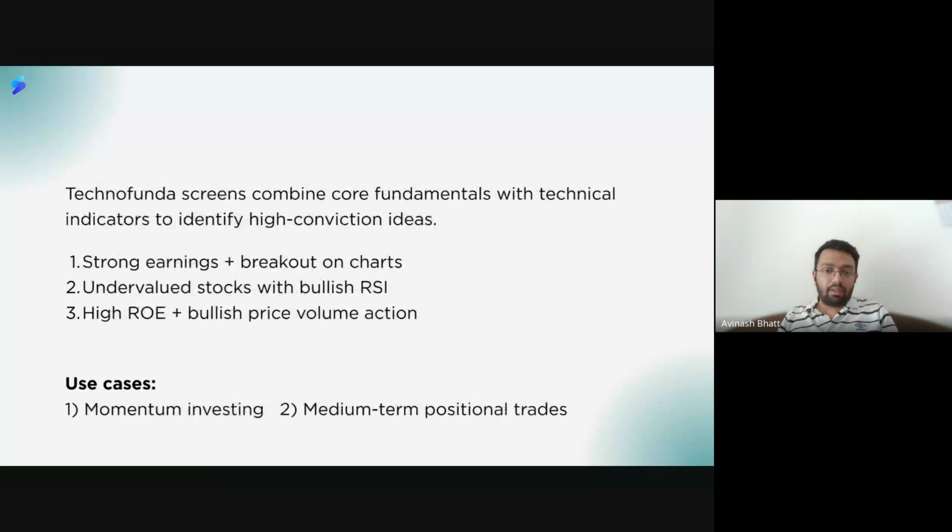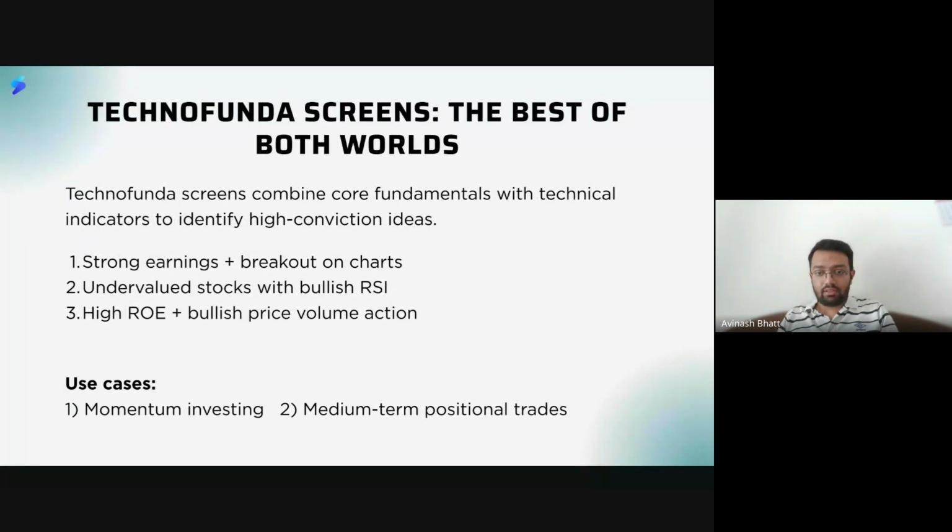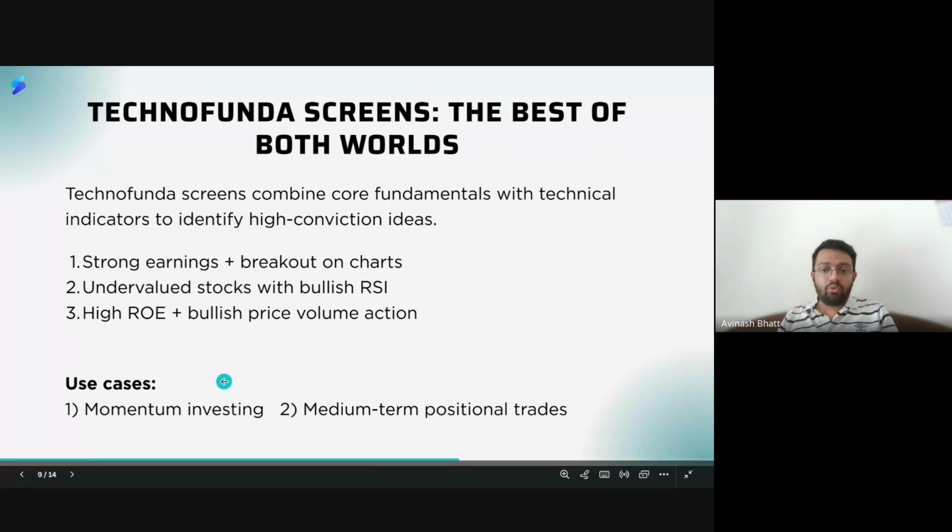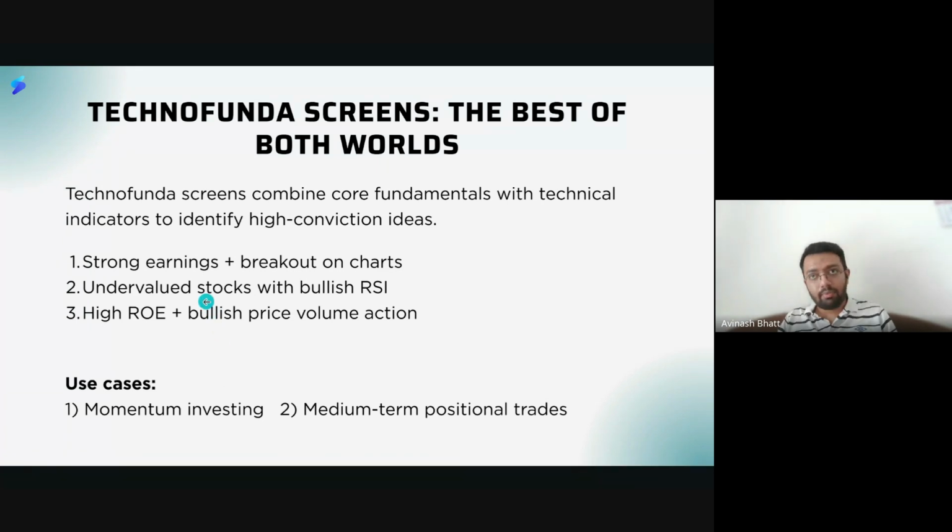And the third part is Technofunda screens. So best of both worlds. Here, what you will be doing is combining both. So strong earnings plus breakout on charts. Or another example can be, you look at valuation with bullish RSI. So if RSI started increasing, the slope of RSI is going upwards.